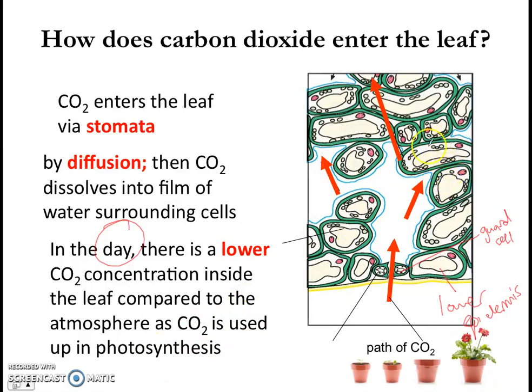The leaf cells use up carbon dioxide, so the carbon dioxide in this region is low. So carbon dioxide concentration inside the leaf is low compared to outside the leaf, which is higher, and that's what causes carbon dioxide to move in by diffusion into the cells where it is used for photosynthesis.